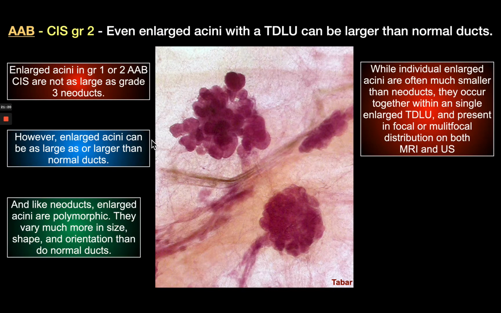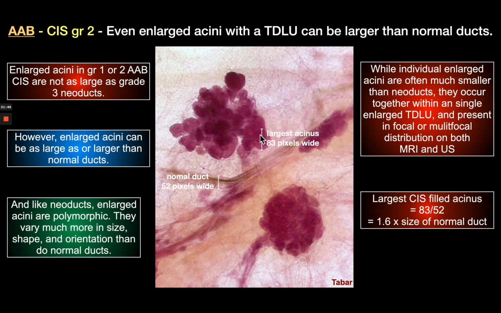Now, part of the reason that pathologists get confused between DCIS and CIS, or between enlarged acini and enlarged ducts, is because they chop the specimen up into little bitty pieces that fit under a 1 by 1 millimeter cover slide. So what we're seeing here is this normal duct is 52 pixels wide, and the largest acinus is 83 pixels wide, which is 1.6 millimeters.